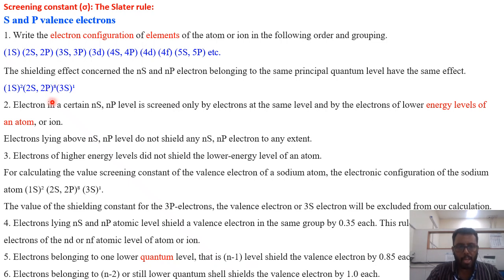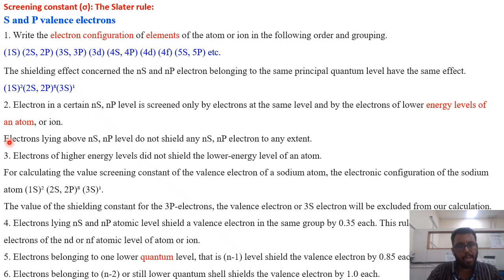When you calculate, whichever electron you are calculating, you have to exclude it. The remaining 7 electrons will be involved in screening, and the previous shell, that is 1s. So 7 plus 2, 9 will be involved in screening. Whereas 3s is the next shell, so it is behind. So it will not be involved in screening.